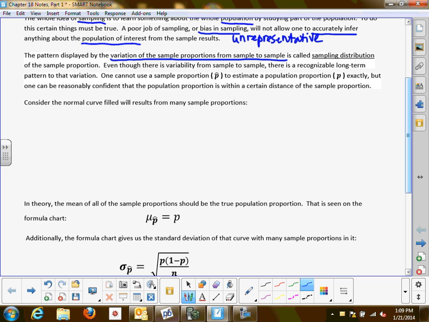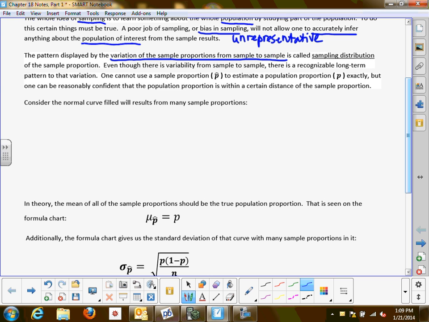The question is, how much can it vary to be reasonable? And what's your answer to that? How much can your sample vary from, say, what's expected to be reasonable? Good. That's 2 standard deviations. So then the next question is, how big is the standard deviation? That way I know how many percentage points off it can be, and so on.